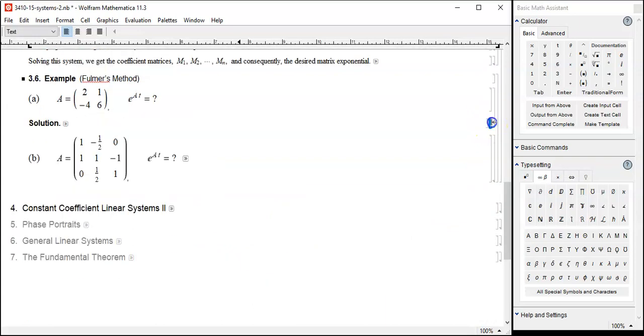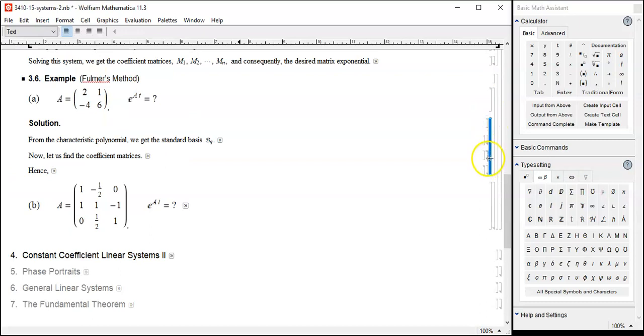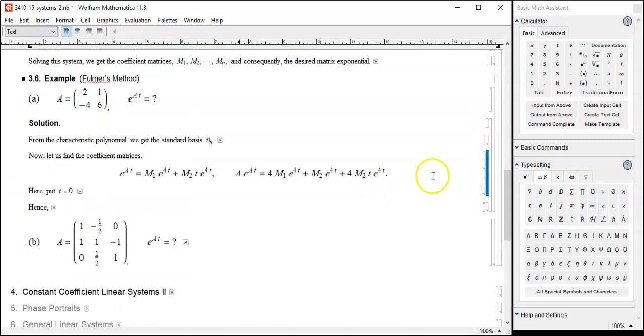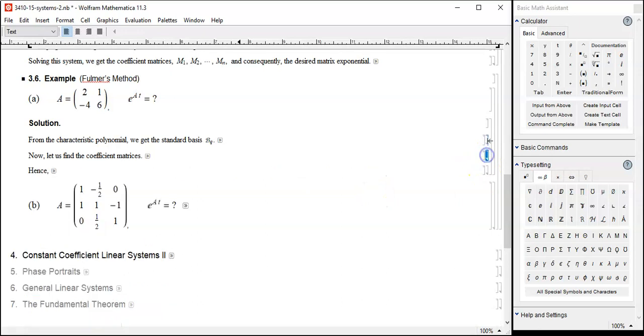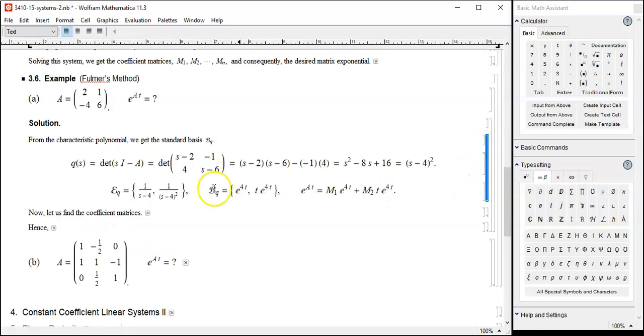In this case, it's just 2 by 2, and yes, it looks like this. We have s minus 4 squared, so e to the 4t, and then t times e to the 4t, we got those two. So the first coefficient matrix is like this, and then the second coefficient matrix like those.